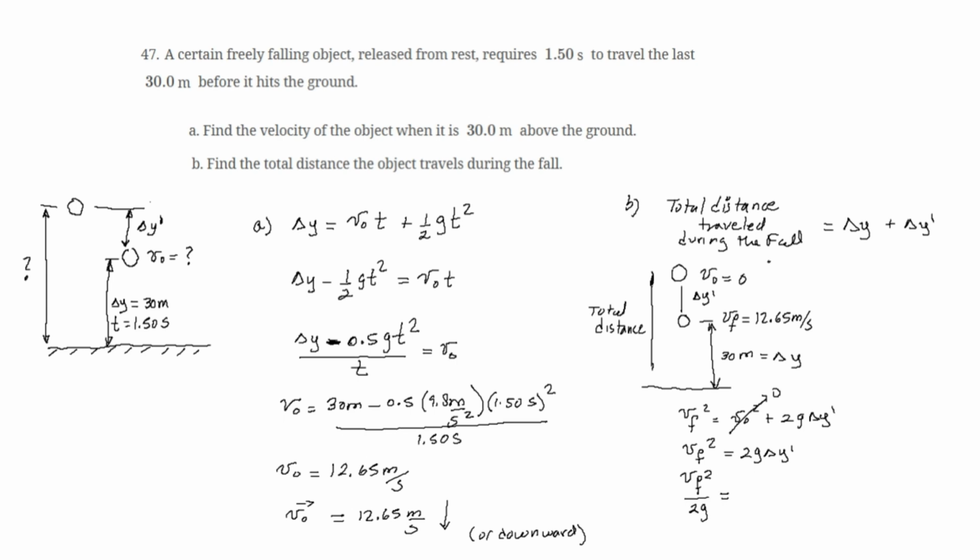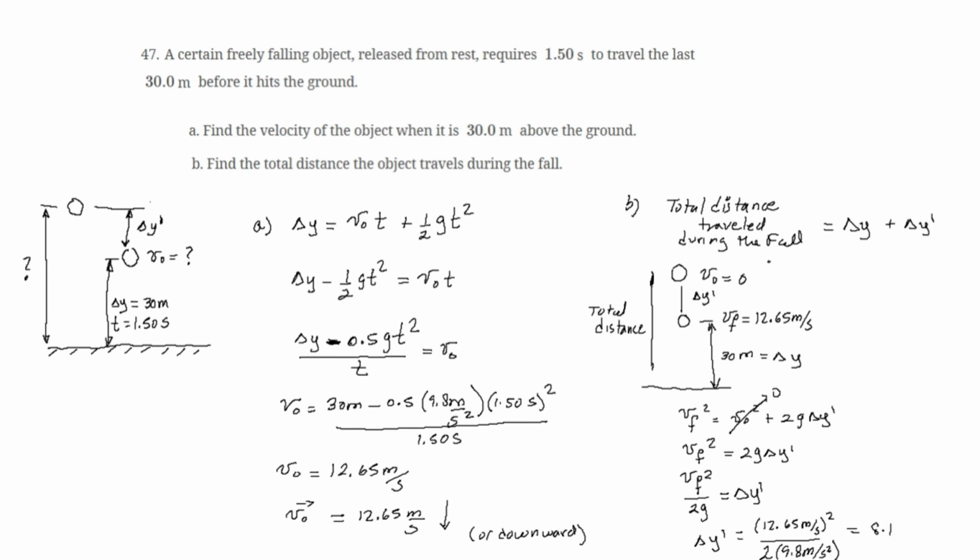is delta y prime. So delta y prime is just 12.65 meters per second, squared, over 2 times 9.8 meters per second squared. Performing the operation, it would be 8.60 meters.